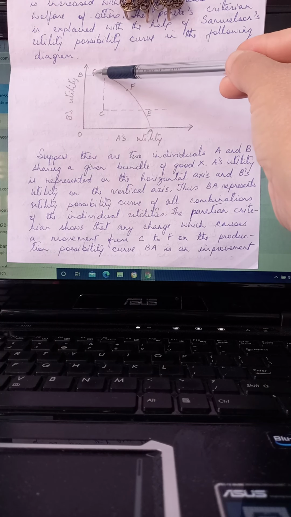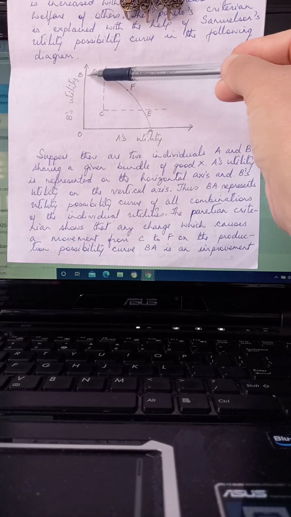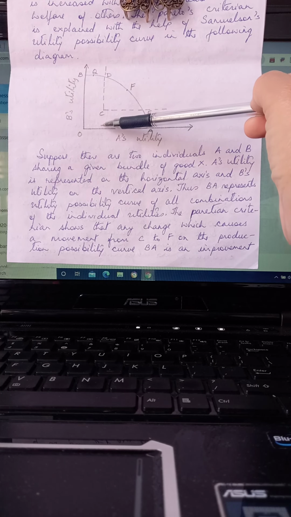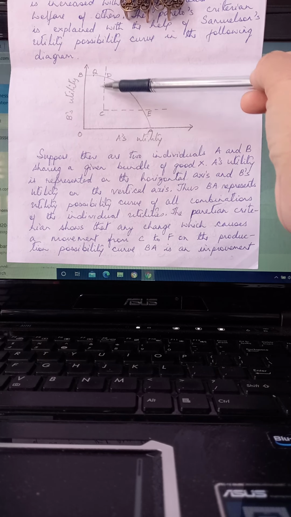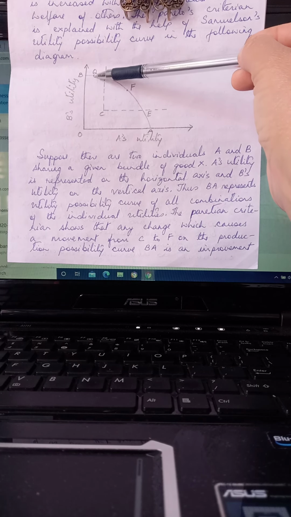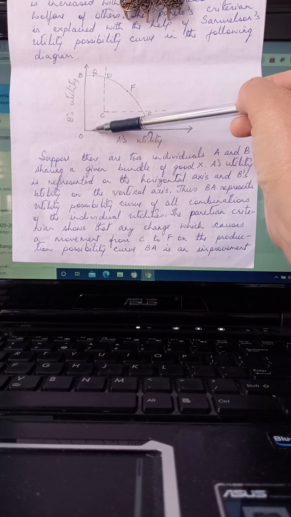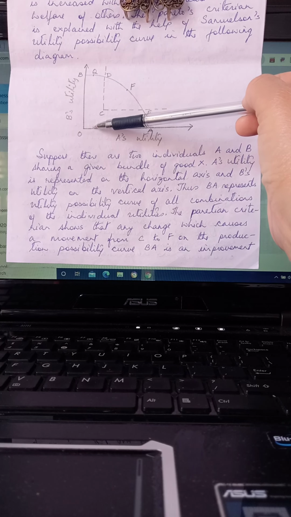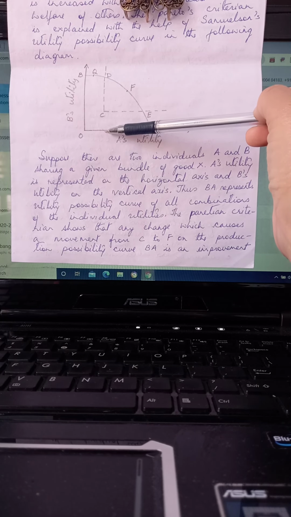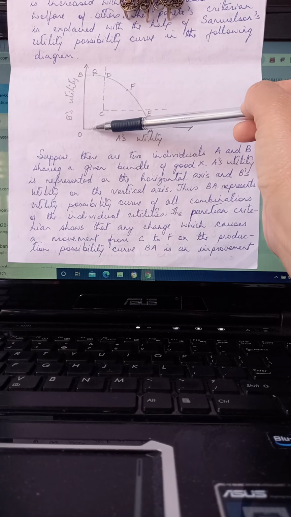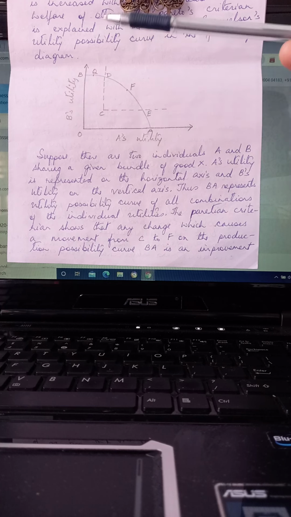At point Q, B's utility has increased a lot, whereas A's utility, earlier it was at C, but now it has reduced. If you look at this point Q, A's utility lies here, which means A's utility has decreased from point C to this very point. If this happened, there is no social welfare.